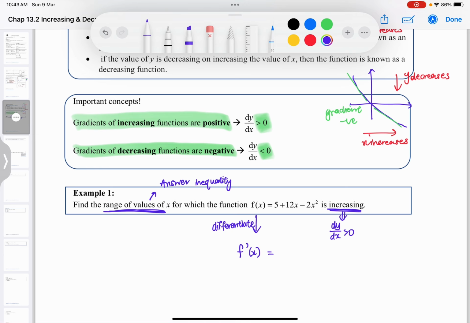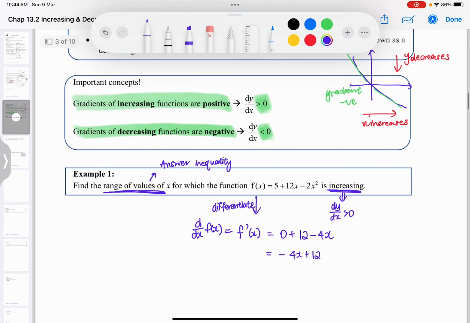Or some of you might be thinking, can I write it like d/dx of f(x)? That also can. They're all the same thing. So I will differentiate this function. Differentiate constant 5 is 0. Differentiate 12x is 12. Differentiate negative 2x² is negative 4x. So this will give us -4x + 12.